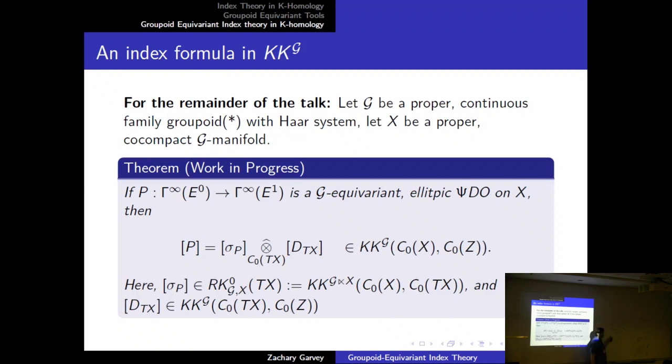And if you pick a connection, this can actually be given the structure of a vector bundle. It's not normally the structure of a vector bundle, but you can equip it with one. And it turns out that both of these bundles are K-oriented. So you can get a Thom isomorphism from the K-theory of TX to the K-theory of TTX in two different ways. And you can rotate one of these Thom classes into the other, and that rotation is the one that I wanted to use in the proof of this theorem.